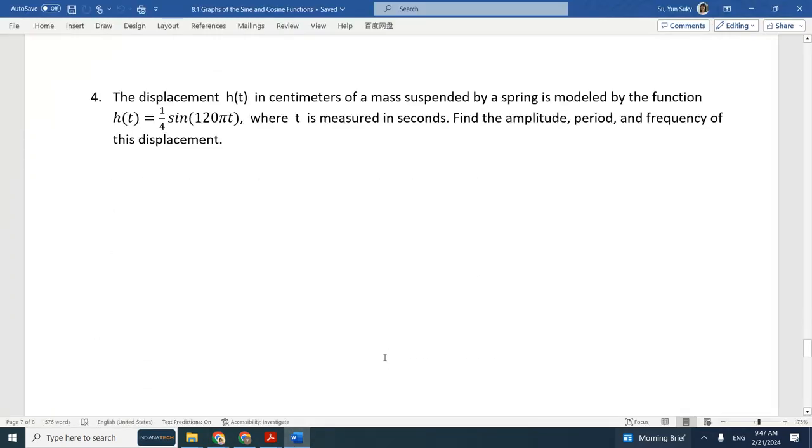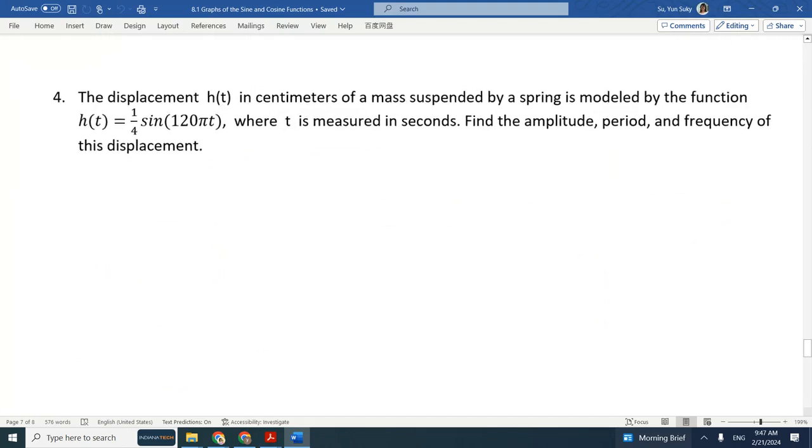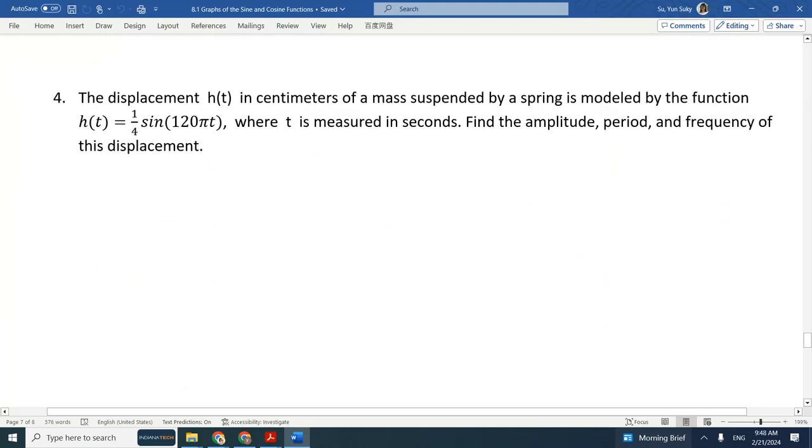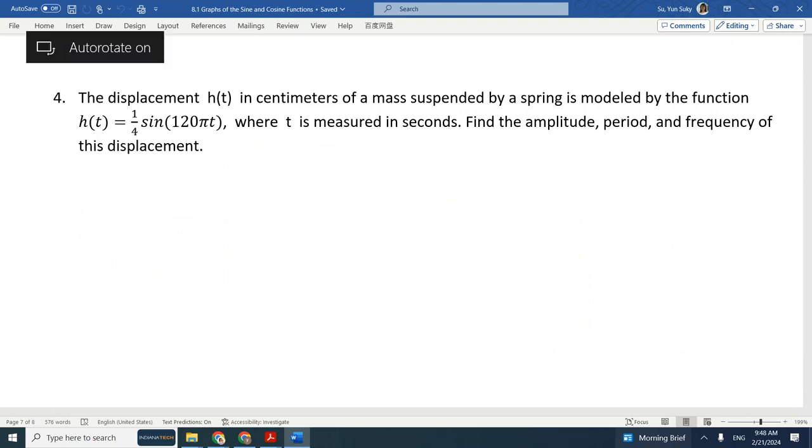All right. Next problem is a story problem. The displacement h of t in centimeters of a mass suspended by a spring is modeled by the function, where t is measured in seconds. Find the amplitude. Okay, what is the amplitude?